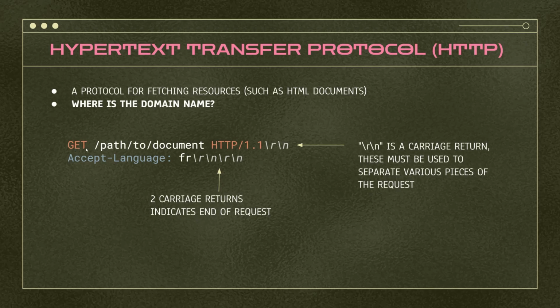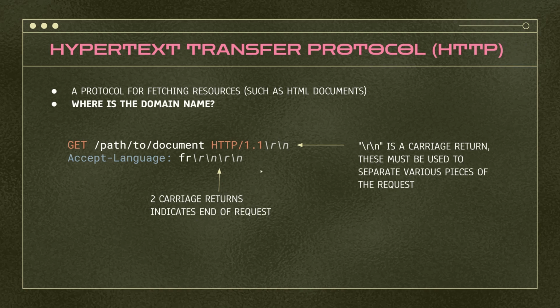So what are the different pieces here? First, you have the verb. This is the action you're trying to take. In the beginning, there was only GET. That was the only verb because it's all about fetching documents. So you had your GET verb followed by the path to the document that you want, followed by the version of the protocol that you intend to use, followed by some arbitrary number of headers.